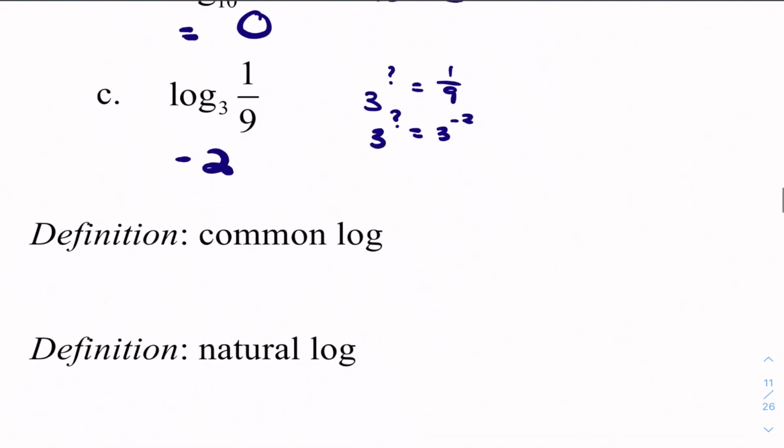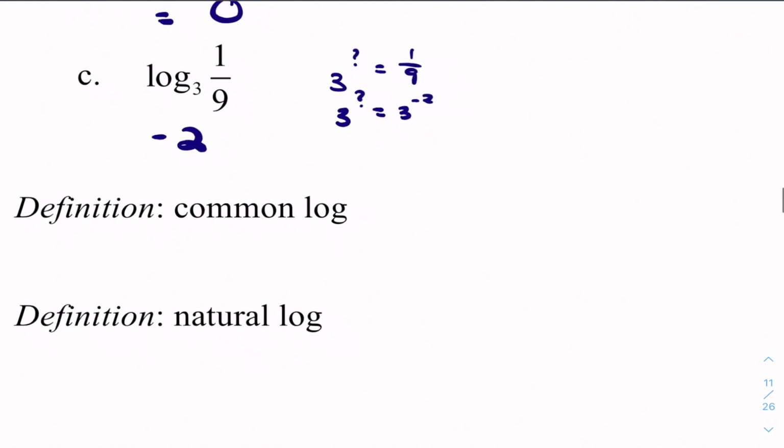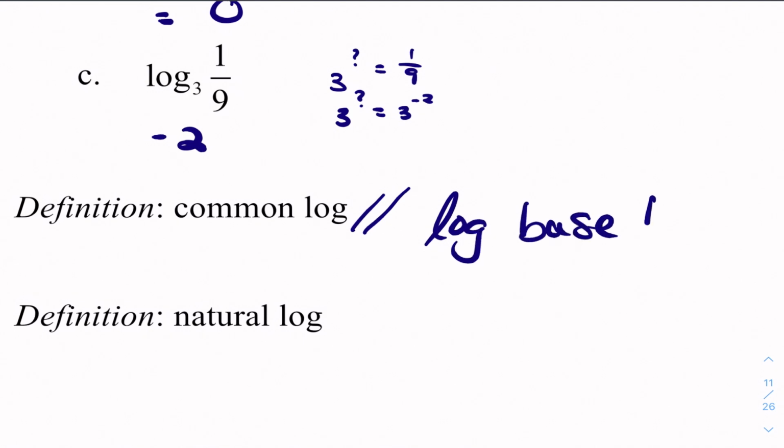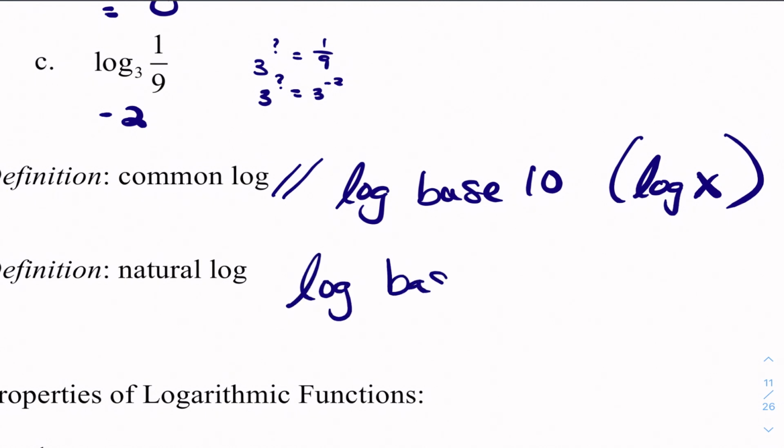With common logs, since all of the numbers that we deal with in general are base 10, we write the common log as log base 10. The 10 is implied. We just write log x for whatever number. For the natural log, that is log base e.